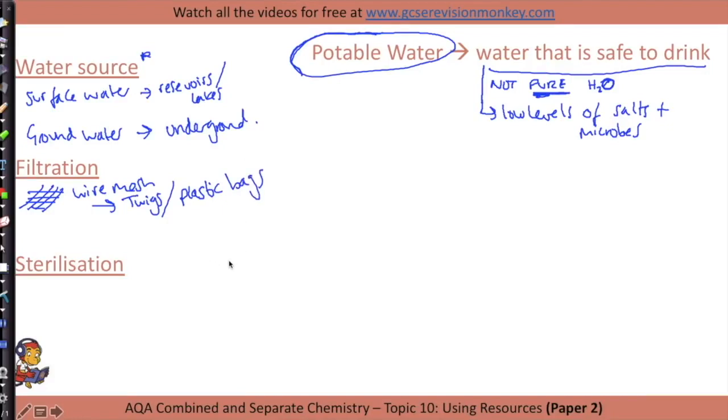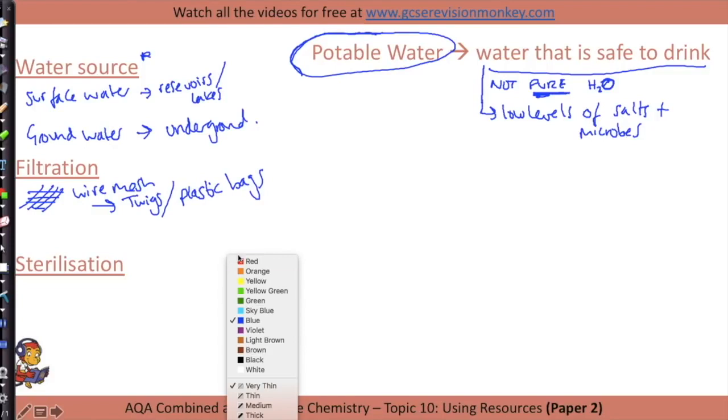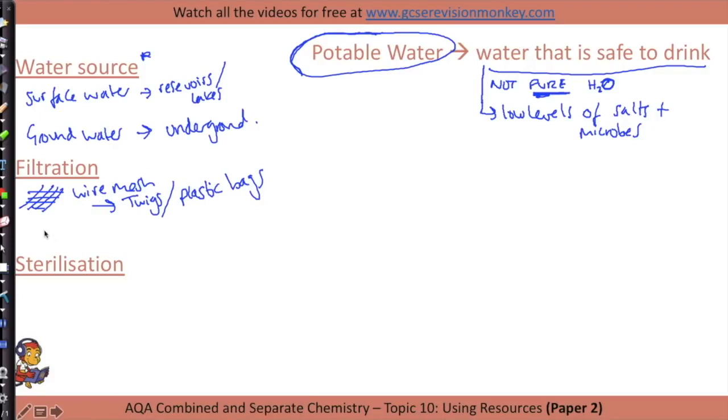The next is a slightly finer level of filtration, and that is using gravel and sand. So you would have a layer of gravel, layers of sand, and you would pass all of your water through that.